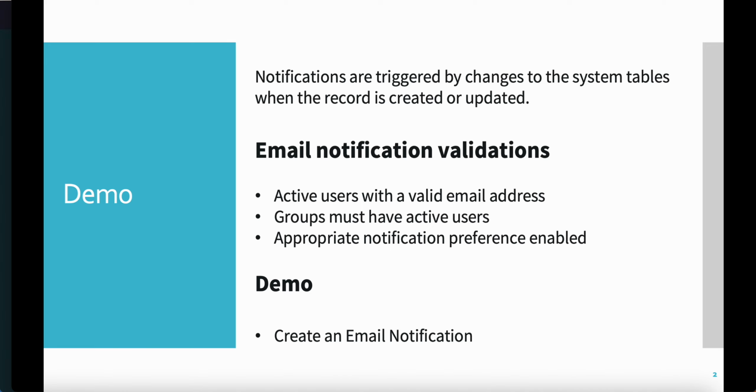And also, if you're assigning it to a group, make sure that the group has active users with active email addresses, and that the user has the appropriate notification preferences enabled in the system preferences.